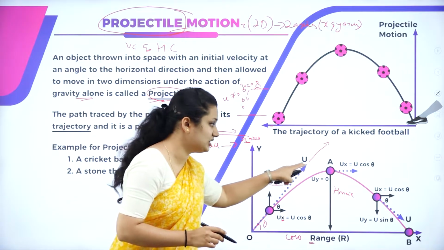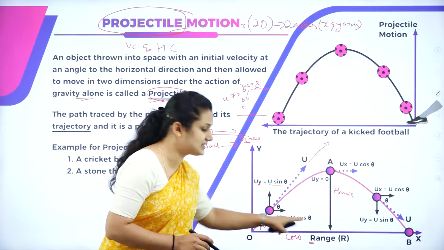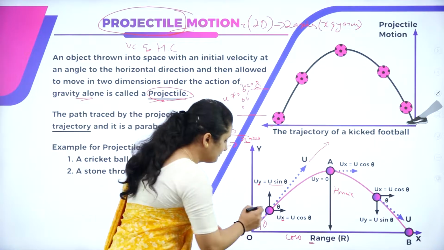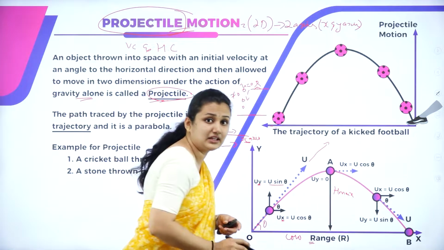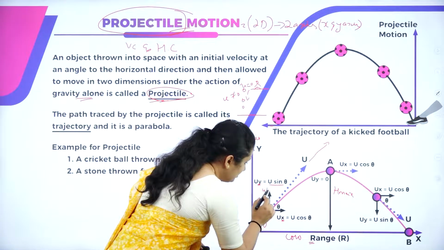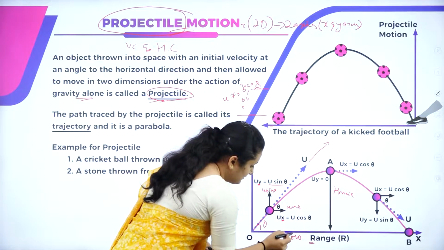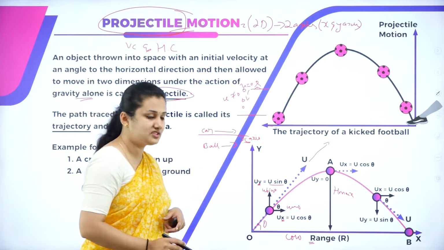I have resolved the initial velocity into its respective components along the x and y axis. And here in the diagram you can observe, at each point when the ball is following the trajectory, this is your vertical component, u sin theta, and this is your u cos theta, parallel to the x-axis.